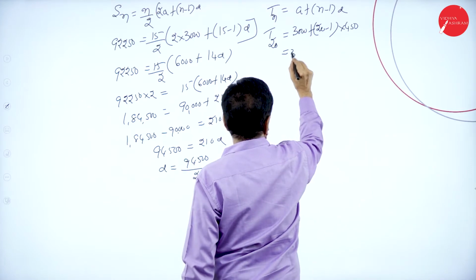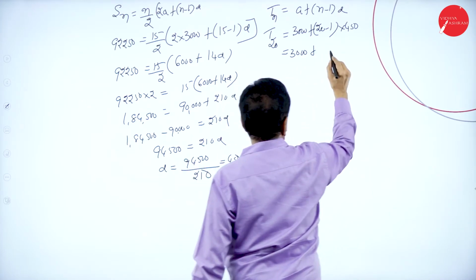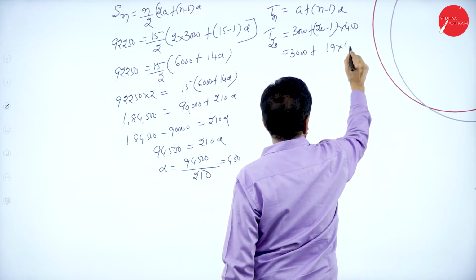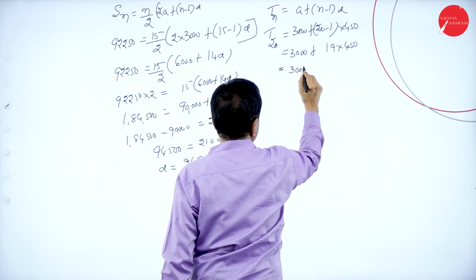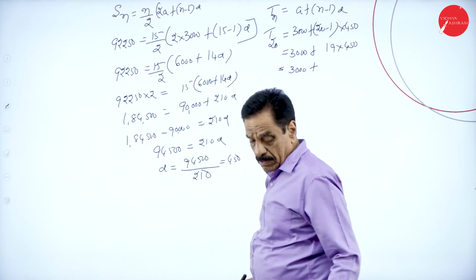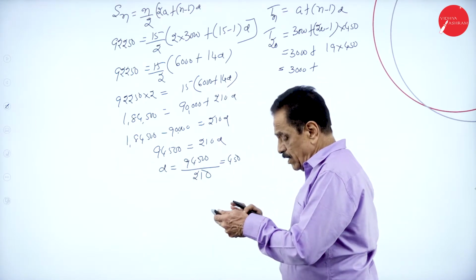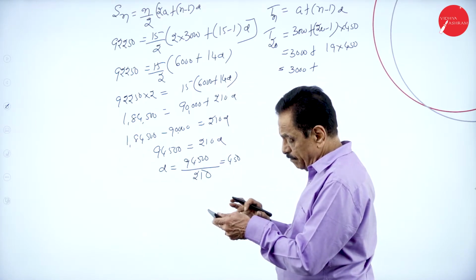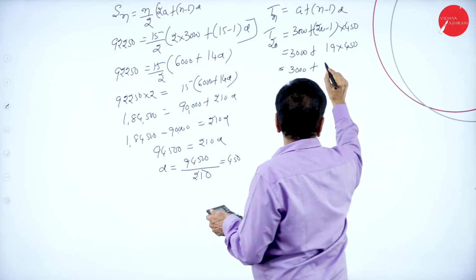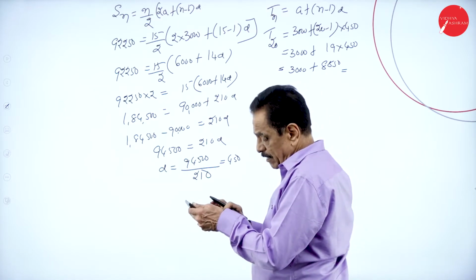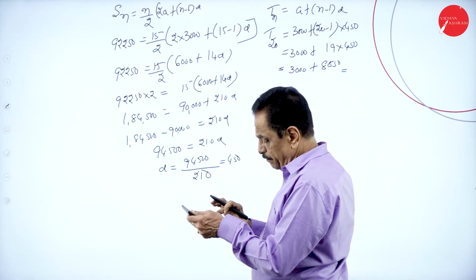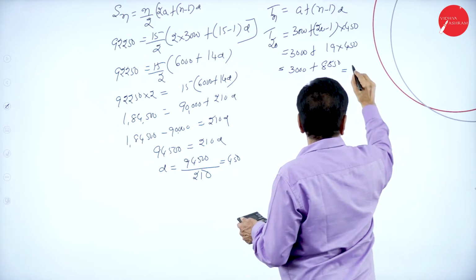This is 3,000 plus 19 into 450. 450 into 19 is 8,550, plus 3,000 is 11,550.